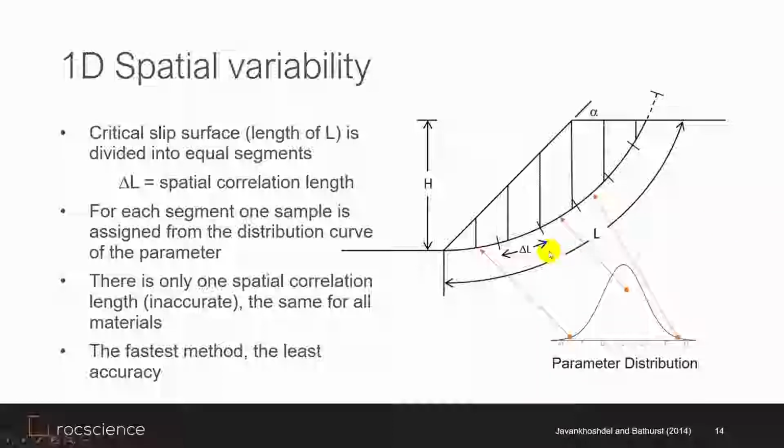Then a sample from a distribution curve of the soil properties is assigned to each segment. In this method, there is only one spatial correlation length value along the slip surface, and horizontal and vertical spatial correlation lengths are converted to only one value. So it is not accurate, especially when one of them is very large.